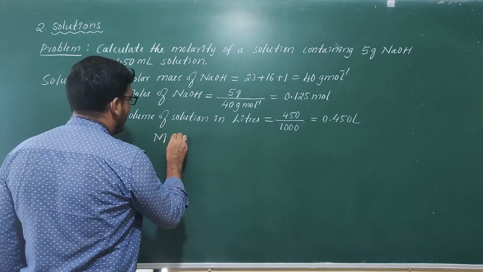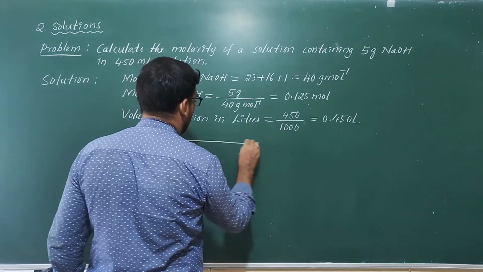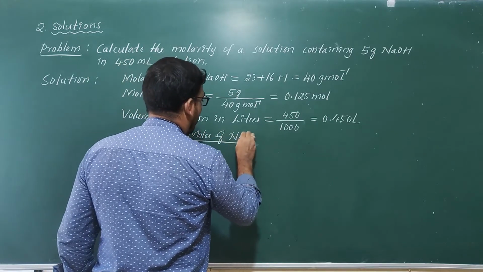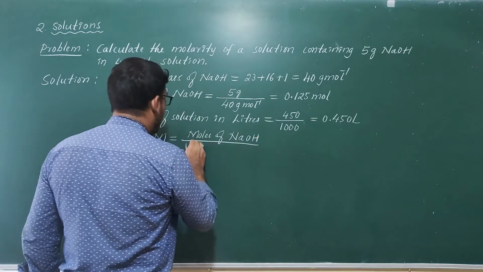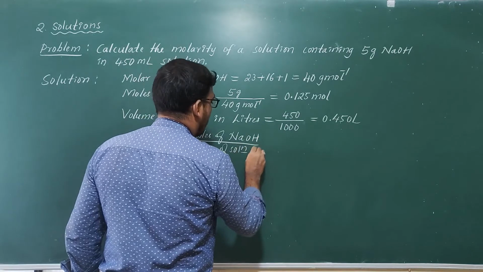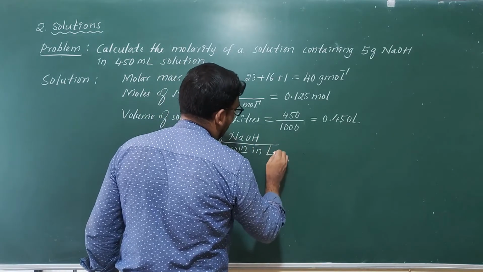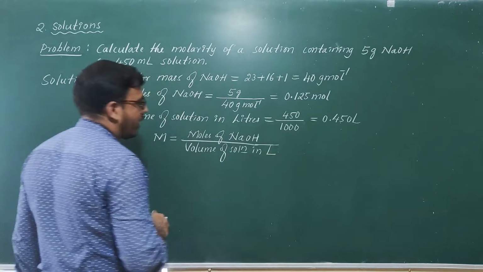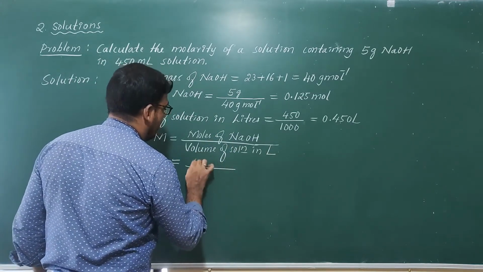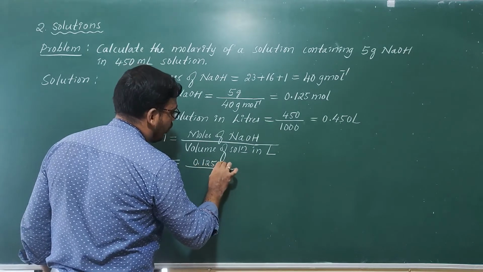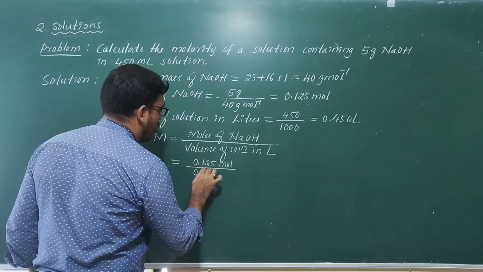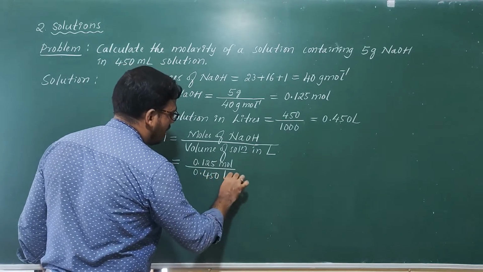So molarity capital M is equal to moles of NaOH divided by volume of solution in liters. Okay, already it is there, just to substitute. So moles of NaOH is 0.125 mole and volume of solution in liter is 0.450 liters.